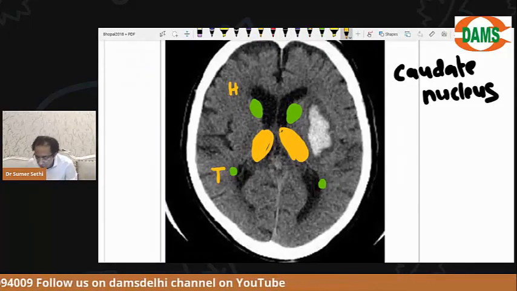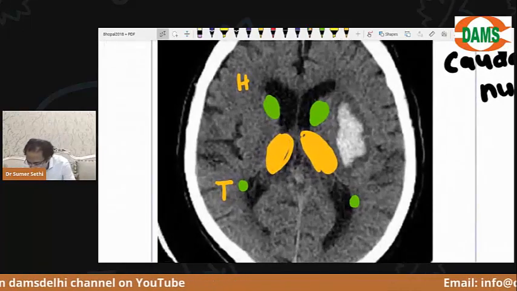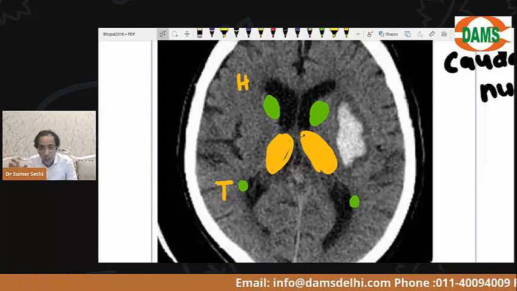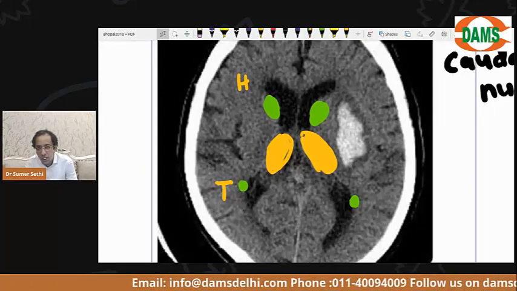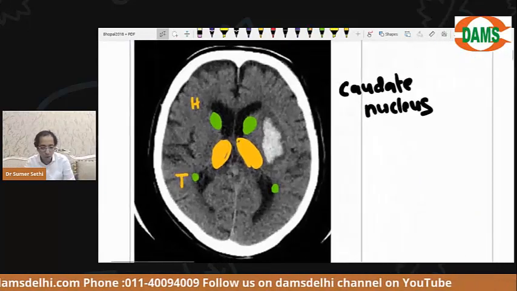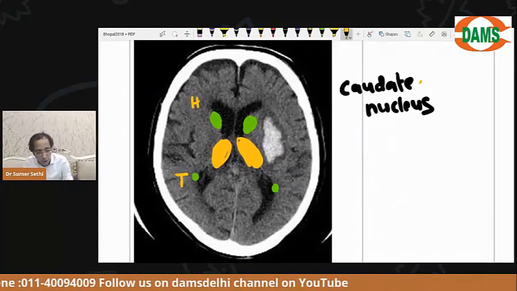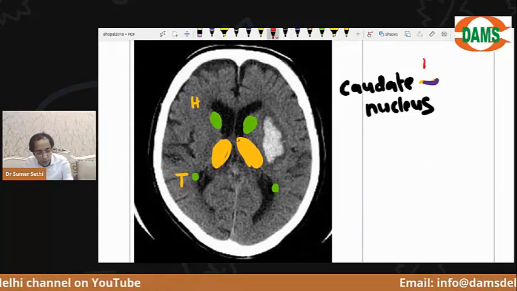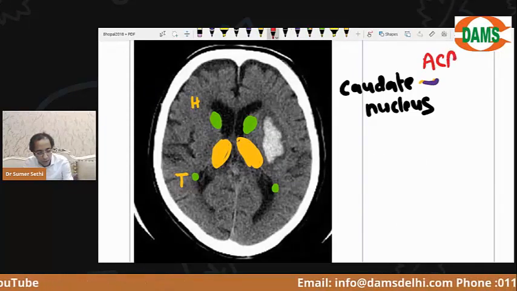So the part that you see adjoining the frontal horn is the head of caudate nucleus. Adjoining the occipital horn is the tail of caudate nucleus. This is the caudate nucleus in front of you, beta. Okay, caudate nucleus. Now the caudate nucleus is supplied by, the arterial supply is by ACA.